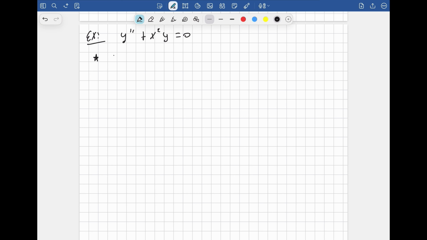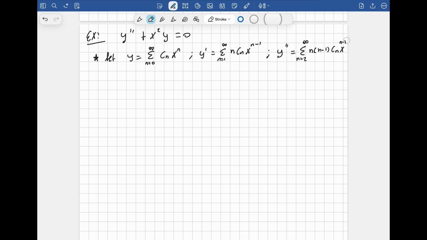Just like we did before, our assumption is we're going to let y equal the sum from 0 to infinity of c_n x to the n, which means the derivative of that is the sum from n equals 1 to infinity of n c_n x to the n minus 1, and the double derivative, the index goes up 1, power rule, is n(n minus 1) c_n x to the n minus 2. All right, that's our assumption.